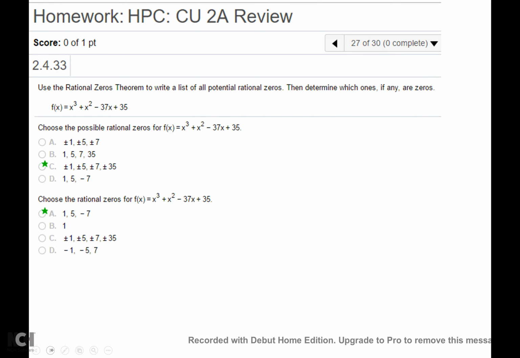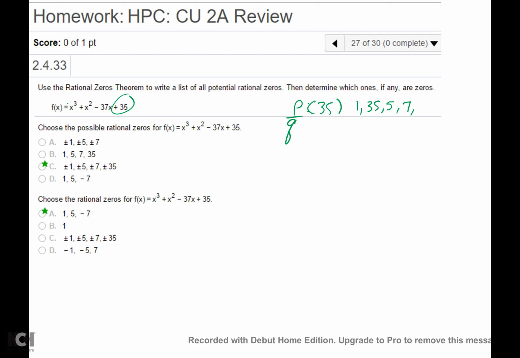Okay, use the rational zeros theorem to write a list of all potential rational zeros, then determine which ones, if any, are zeros. Alright, they're talking about your P over Q list. Well, my P has to be factors of the constant, so I need factors of 35. 1, 35, 5 and 7, that's it.